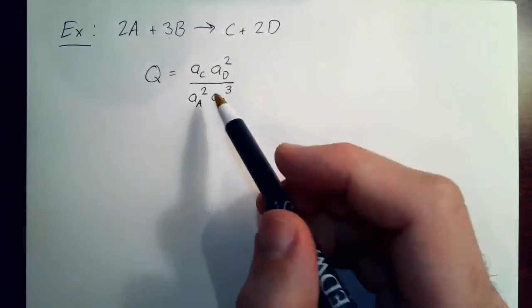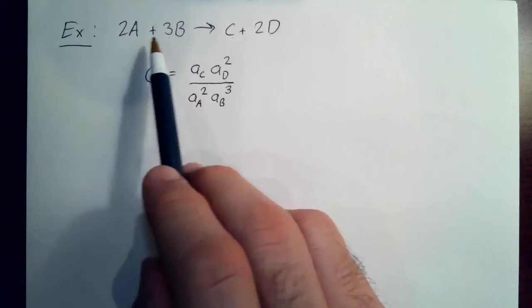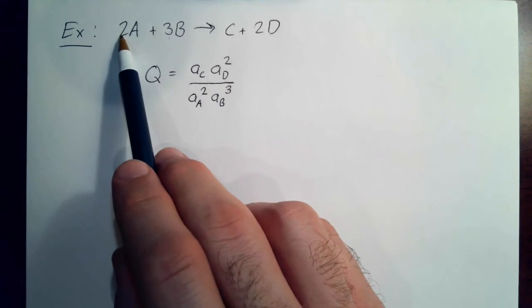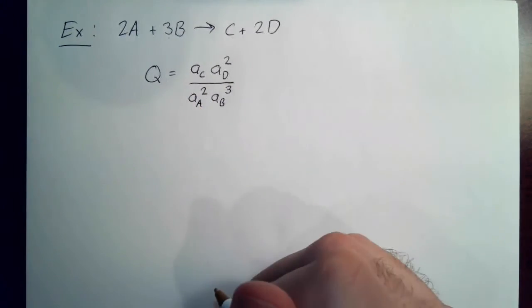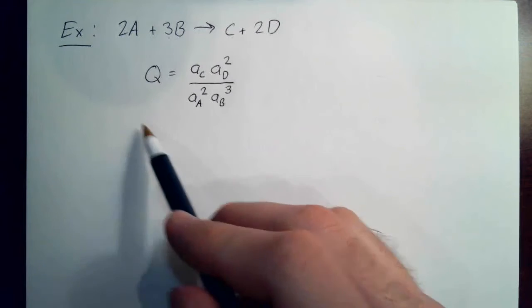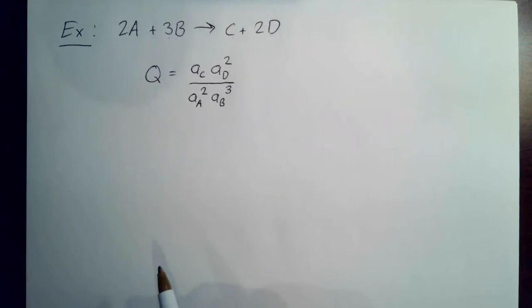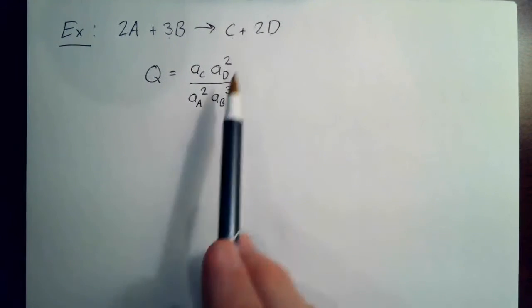And if you're wondering what happened to the fact that these stoichiometric numbers should be negative, they are. That's why these numbers appear in the denominator. Okay, so it's that simple to find the reaction quotient for a reaction like this.